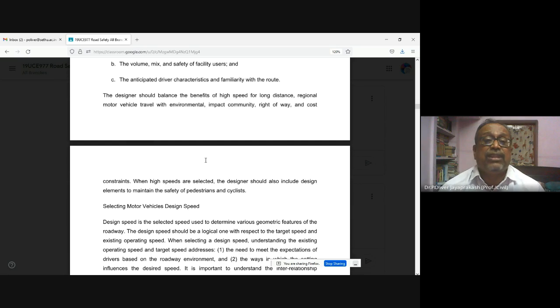And as you all know, there are 4 varieties of accident. One is head-on collision, the most dreadful accident. Then is your side sweep, or it could be a rear-end collision. These accidents are caused based on the traffic flow and also traffic behavior.